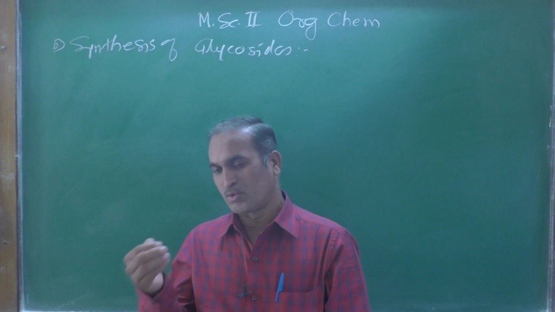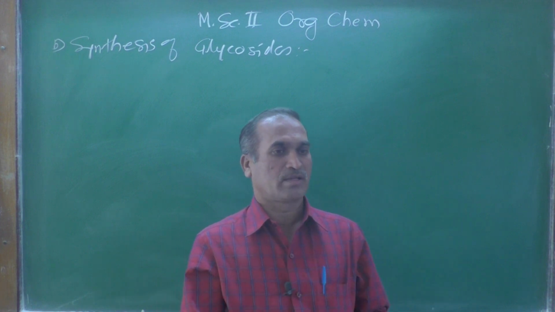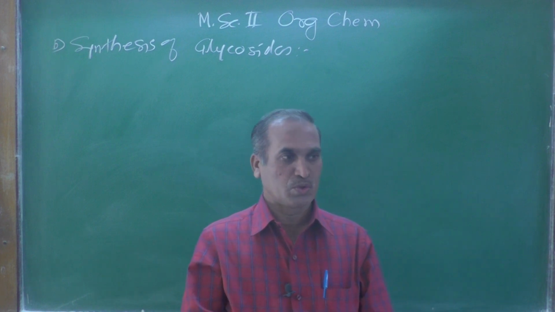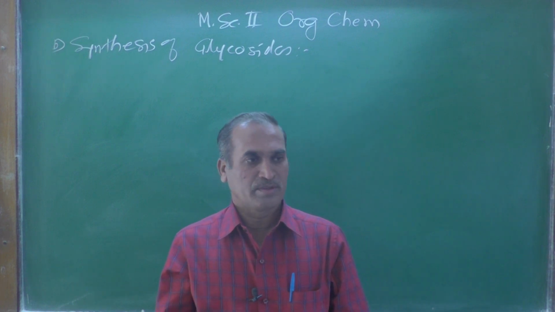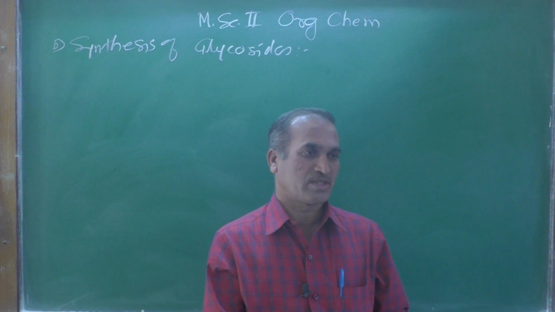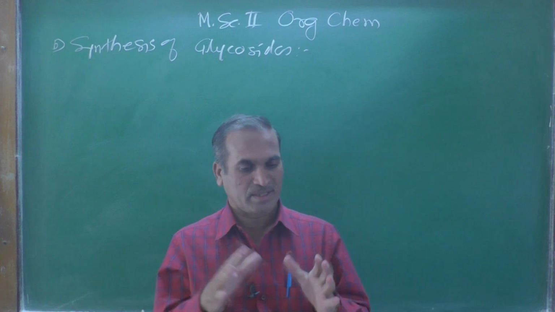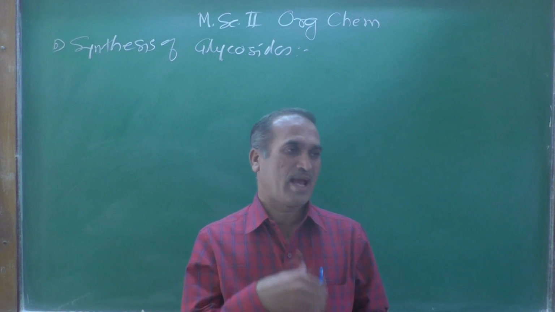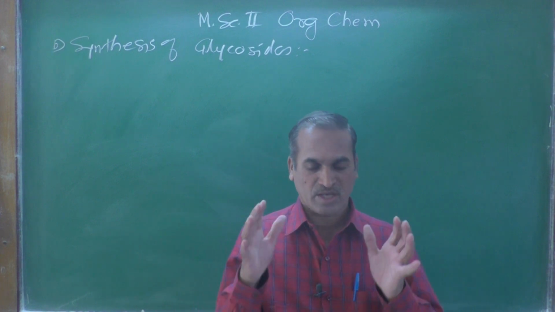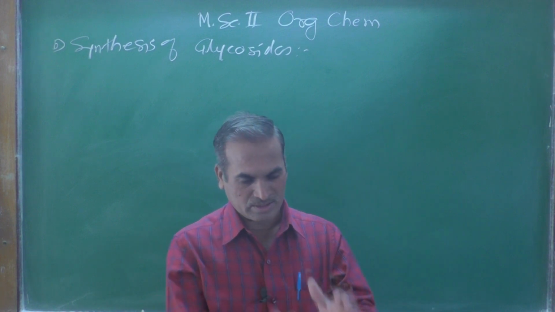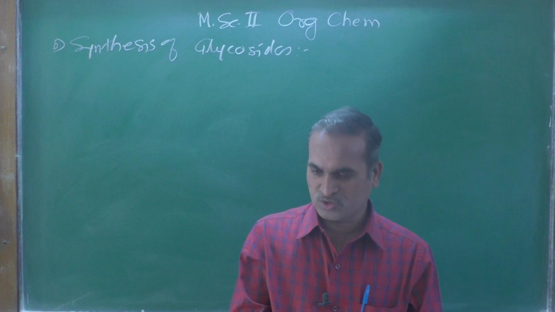Why are we getting only one? What are the reagents? What is the reaction condition used here? And how trichloroacetamidate can be used as a donor or acceptor, and how glycosides are formed, that type of thing we have discussed in our previous lectures.